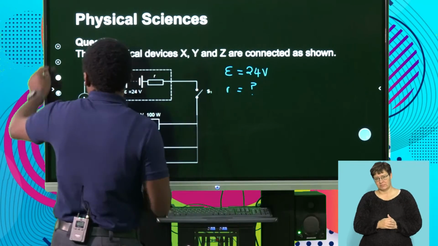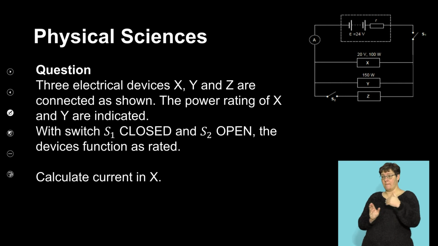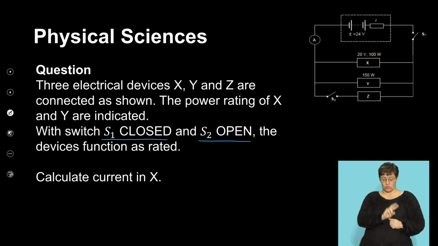Right, okay, now, so we are told that with switch S1 closed and S2 open, the devices actually function as rated. So the question that follows is: calculate the current in component X. Now in this case, we have closed switch S1 while switch S2 is open.